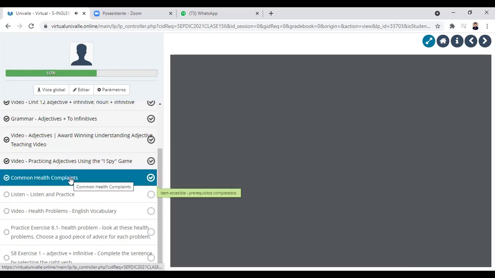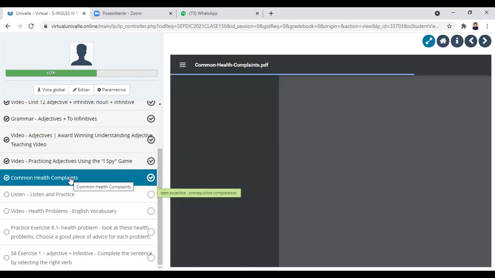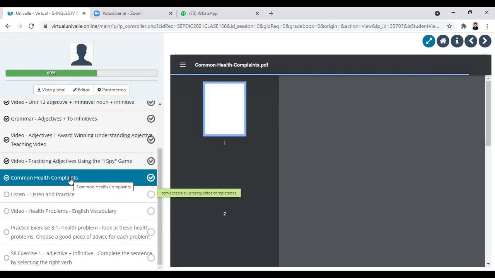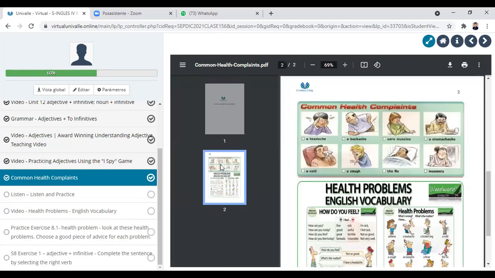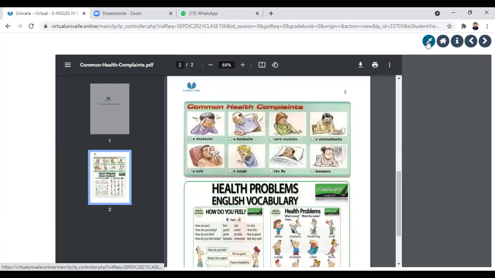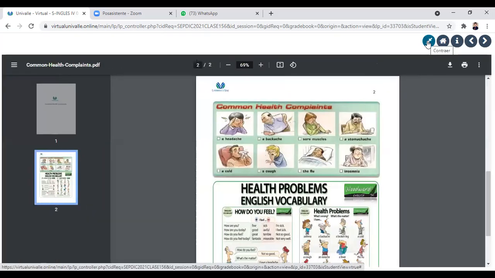By now, I'm going to be explaining to you some common health complaints that we might go through sometimes, okay? In this case, we have the common health complaints, and those are health problems, English vocabulary. A headache, a backache, sore muscles, a stomachache, a cold, a cough, the flu, insomnia.